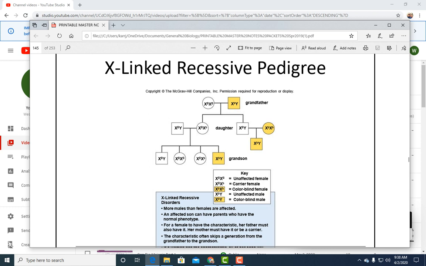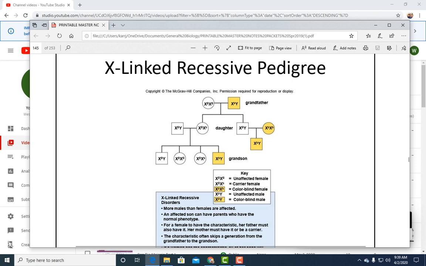Same thing here. We look and see that this son of this partnership had children with an affected female, then the chances of the sons getting that disease is 100%, because she can only donate the bad X to the son, and as a result, every son will be affected.